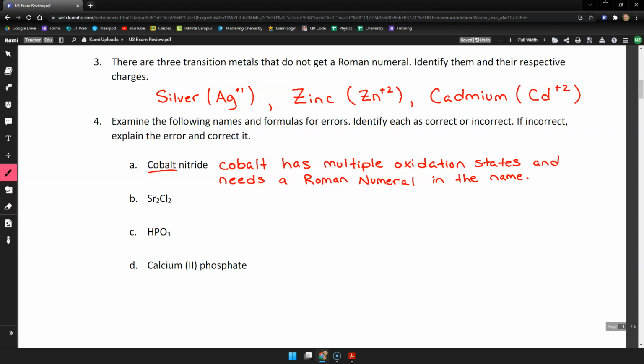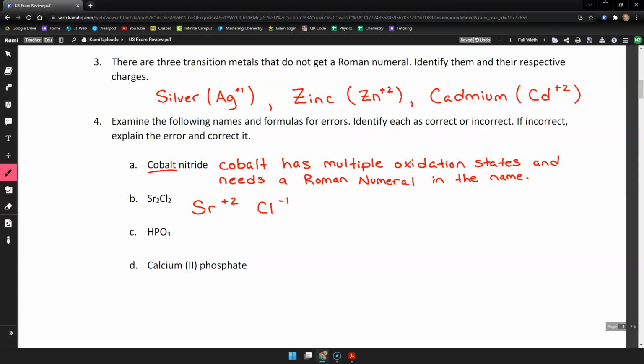SrCl2. Okay, so let's look at the ions here. We have strontium. Strontium on the periodic table has a charge of +2. And then chlorine, Cl, has a charge of -1. All ionic compounds are neutral, so they shouldn't have a charge. If I had 2 strontiums, that would be a total of +4. If I had 2 chlorines, that would be a charge of -2.